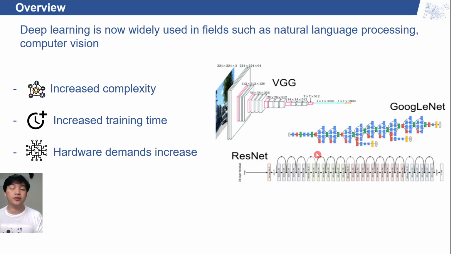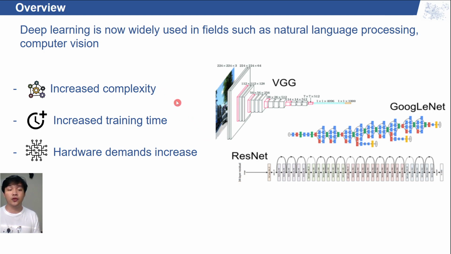Nowadays, deep learning is widely used in fields such as natural language processing and computer vision. As time progresses, deep learning models continue to grow in layers and parameters, which creates increased complexity and, in turn, increases training time.